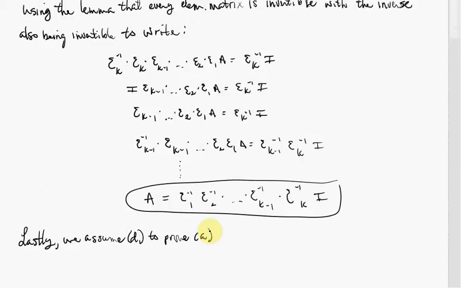No sense in me going over it if I didn't expect you all to know it. So here we assume D, that is this last part, that A is expressible as a product of elementary matrices. To prove A, well, A said that the matrix A is invertible.